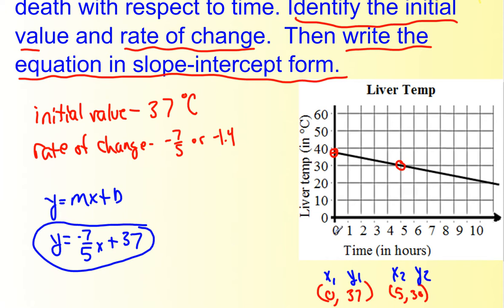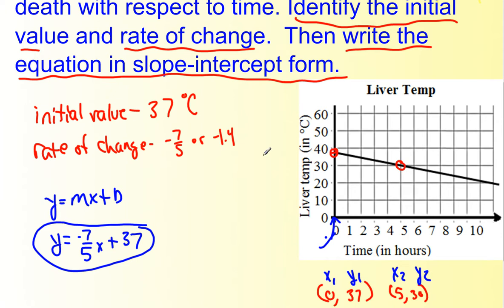So the initial value right here is when they've been dead for 0 hours. Right now, you're listening to this, you're dead for 0 hours. You are not dead at all. So the initial value would be the temperature of their body when they're not dead. That's the temperature when you're alive. Your body is roughly 37 degrees Celsius right now.